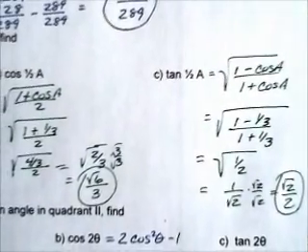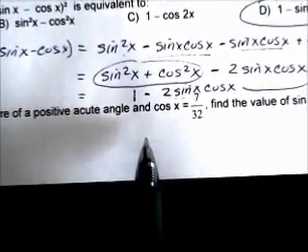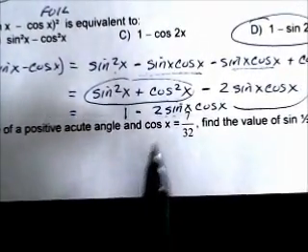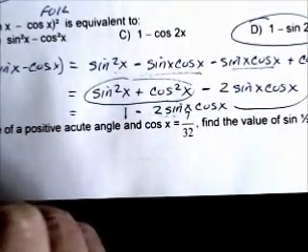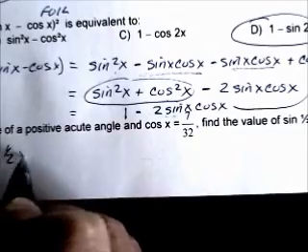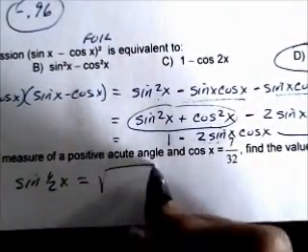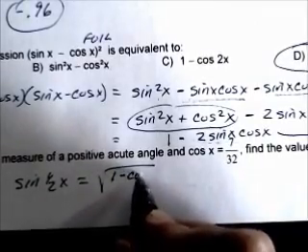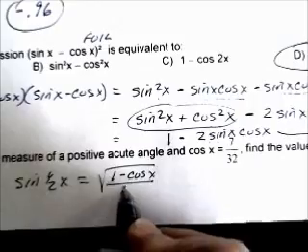And we have one more down at the very bottom of the page, number 8. If x is the measure of a positive acute angle and the cosine of x is equal to 7/32, find the value of sine of half x. Well, sine of half x is going to equal the square root of 1 minus cosine x divided by 2.